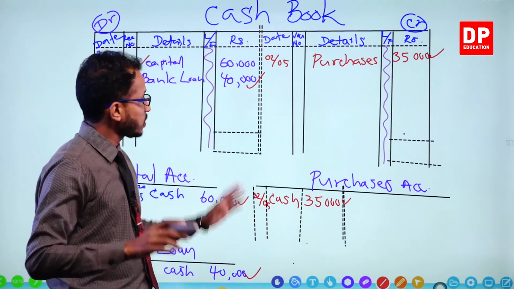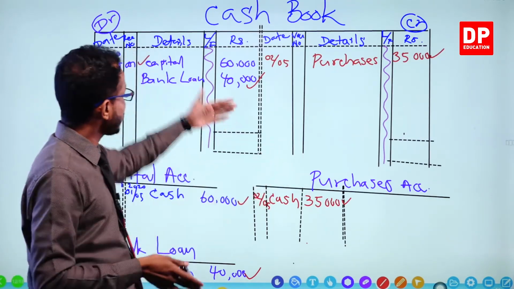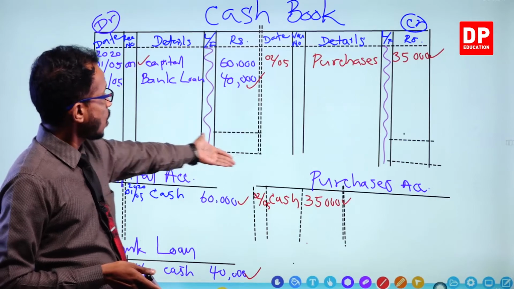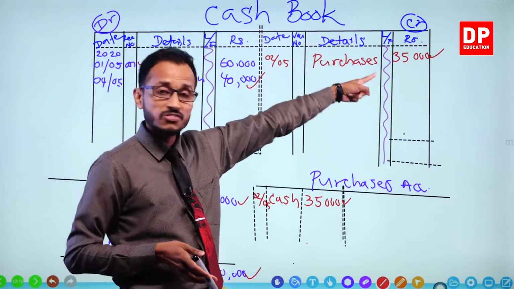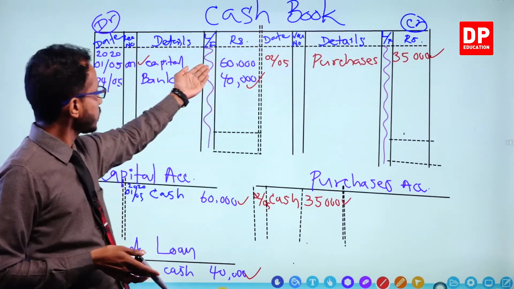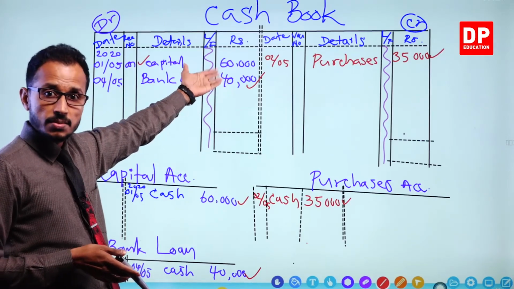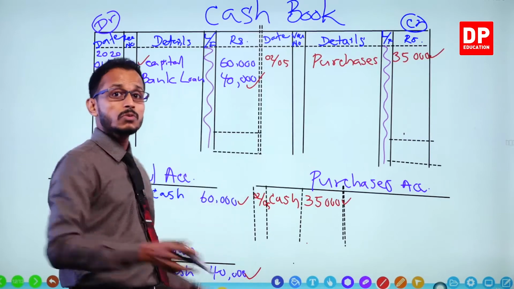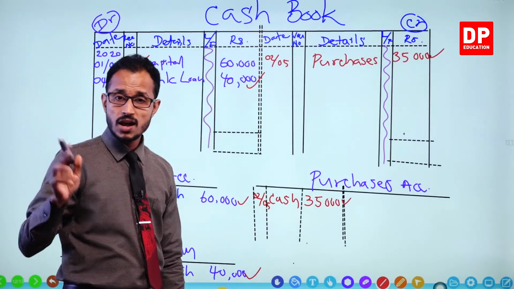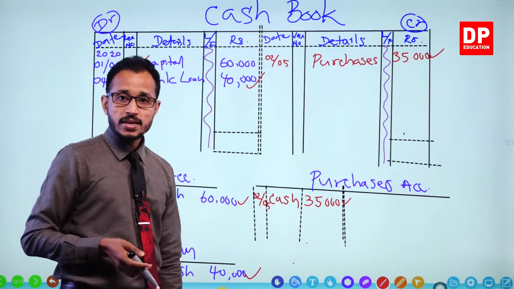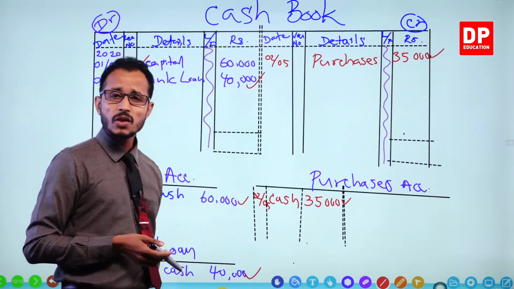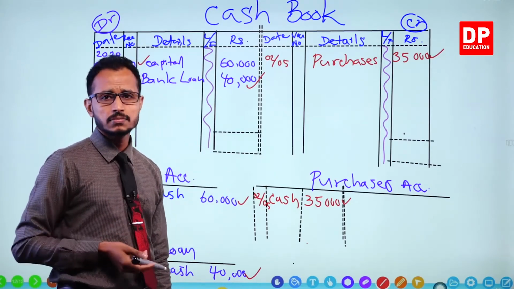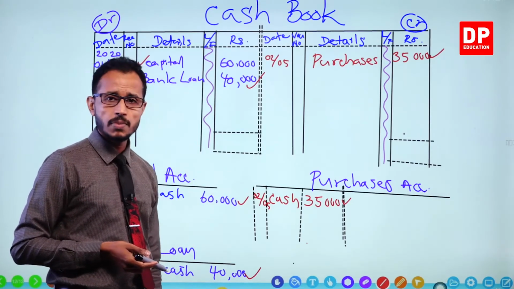Draw the sum boxes. Then guess which side has the greater total. Obviously, credit side has only 35,000. Debit side has 60 and 40. Debit side has the greater total. Children, I'm balancing this cash book without completing all the transactions, just to make you familiar with the balancing part.